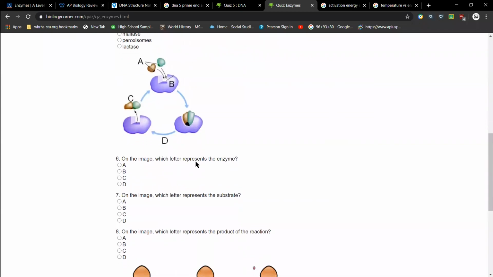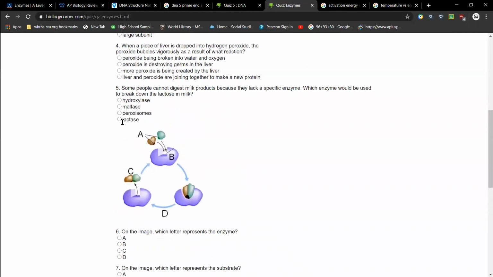So 6 on the image, which letter represents the enzyme? A, B, C, or D? I had marked these answers.